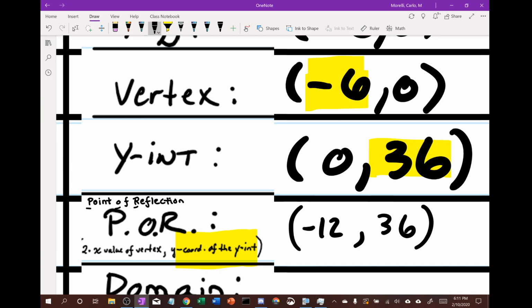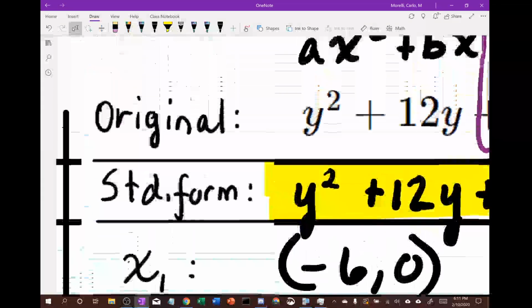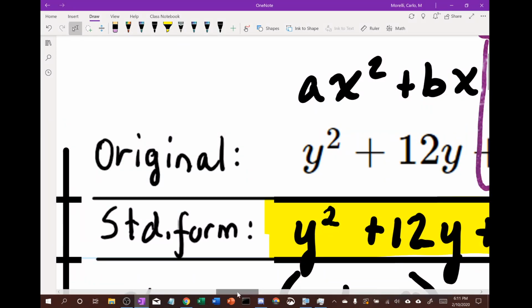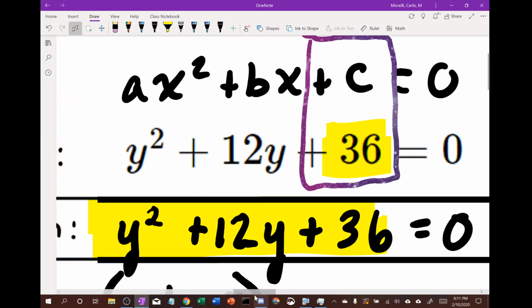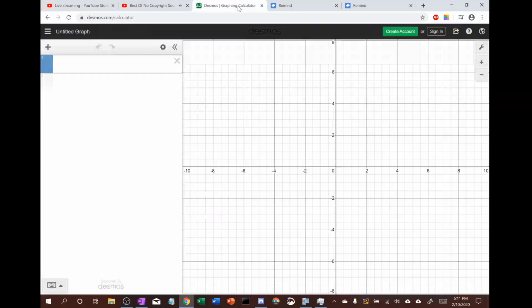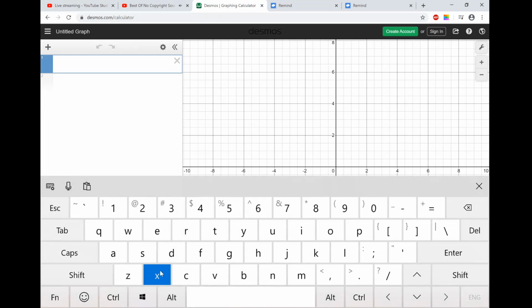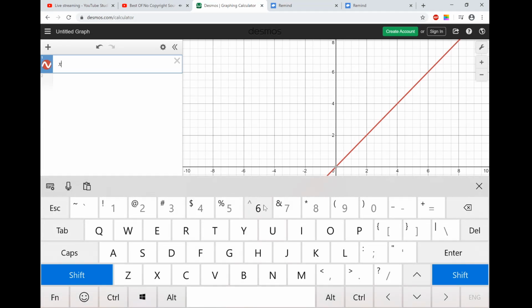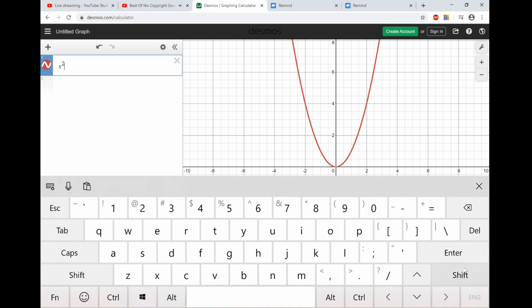Okay? Let me show you what I mean in Desmos, because this is a good one for Desmos. Y squared plus 12y plus 36 equals 0. Let's go to Desmos, ladies and gentlemen. And we'll do x squared plus 12x plus 36.